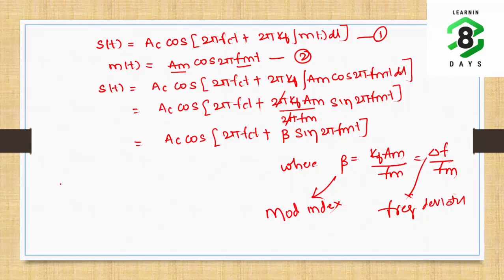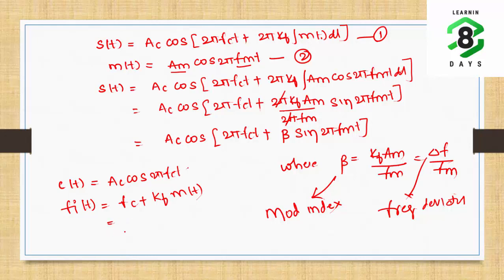We know the unmodulated carrier is A_c cos(2π f_c t). And the instantaneous frequency of the modulated wave is f_c + k_f m(t).